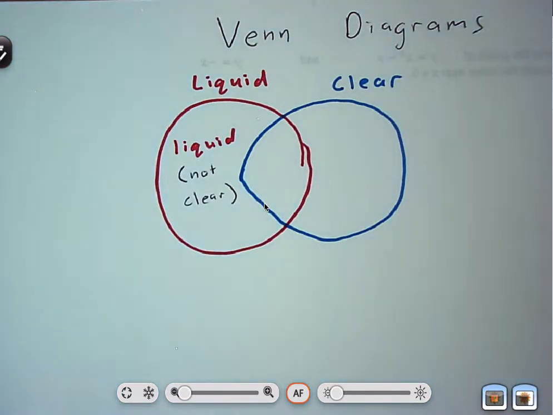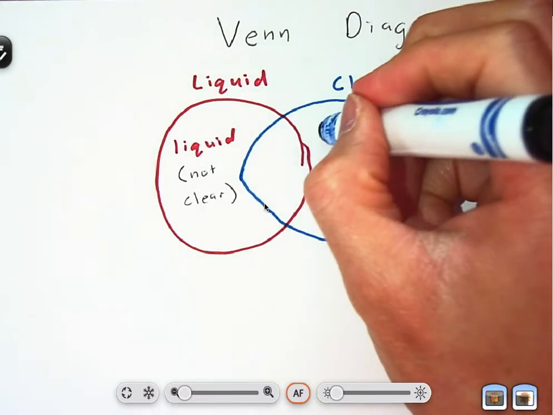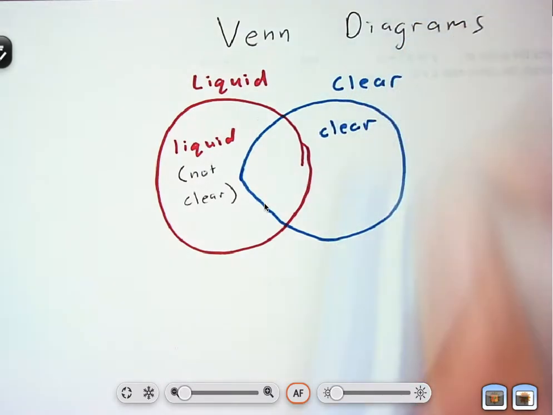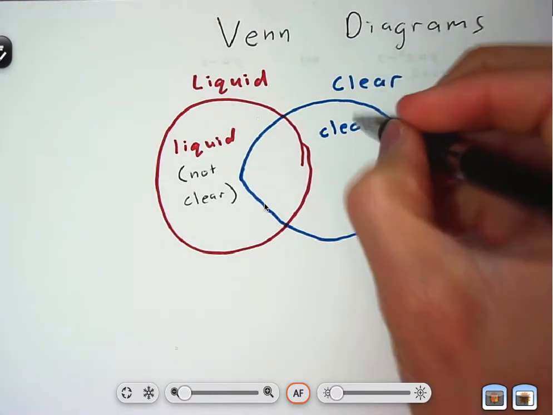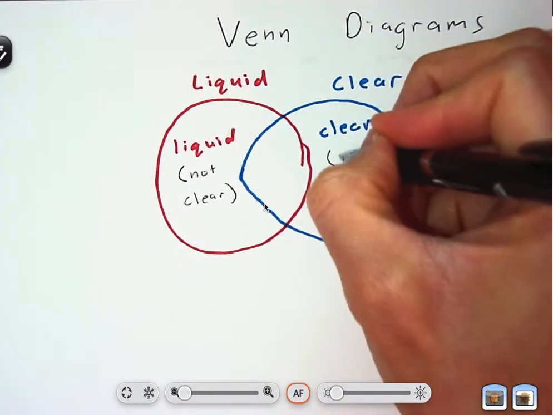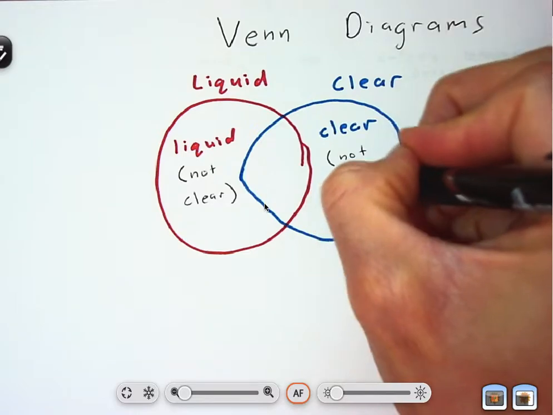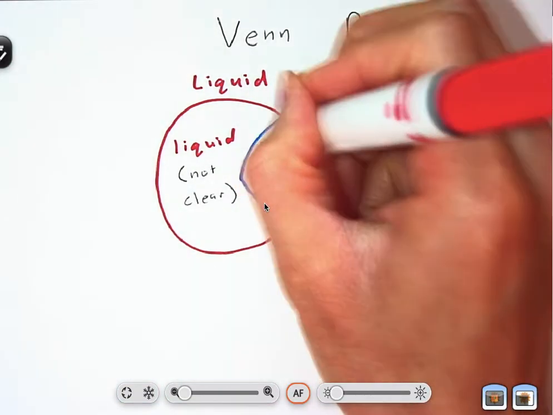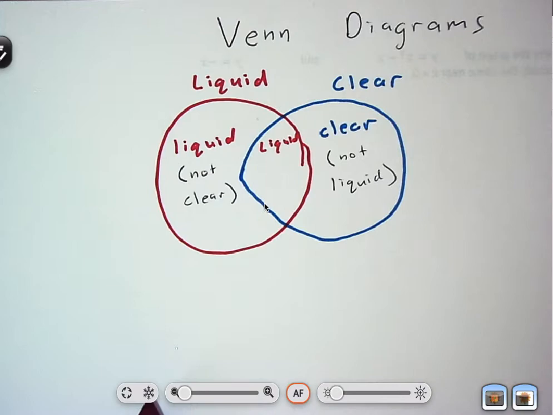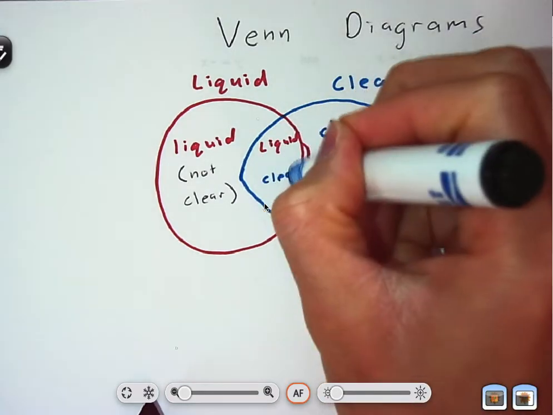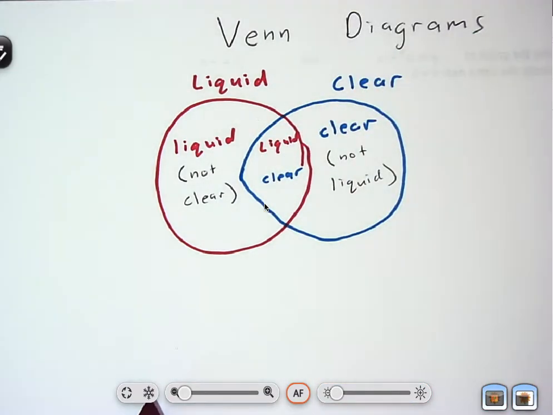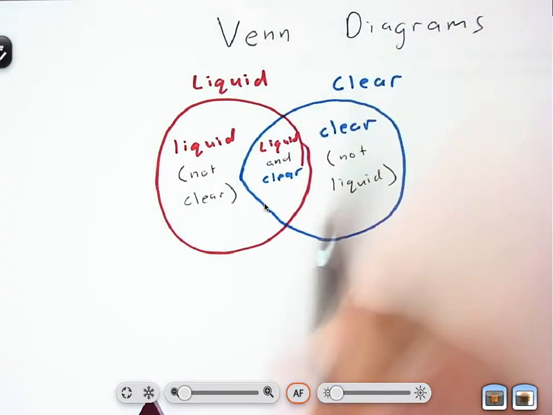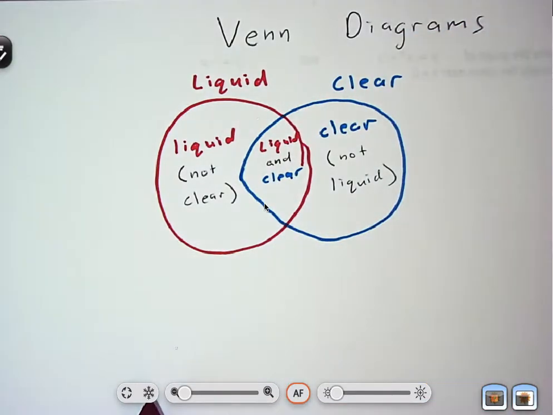And stuff over here on the right is stuff that is clear, but is not in the red circle, so therefore not a liquid. And stuff right here in the middle is stuff that is both a liquid and it's clear. So this part in the middle, which we'll call the overlap part, is both liquid and clear.